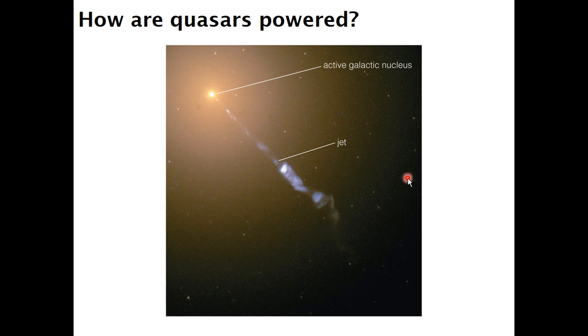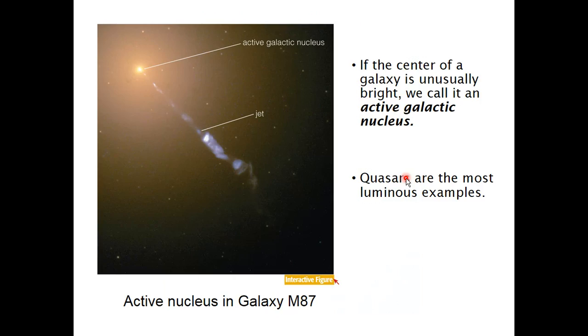So it kind of looked like a stellar object, but had this weird feature, and they named it quasi-stellar, or quasar. Ultimately, any extra bright galactic center is called an active galactic nucleus. Quasars are just the most luminous example of these. And they can produce lots of energy. They can give off materials, streaming out of them.